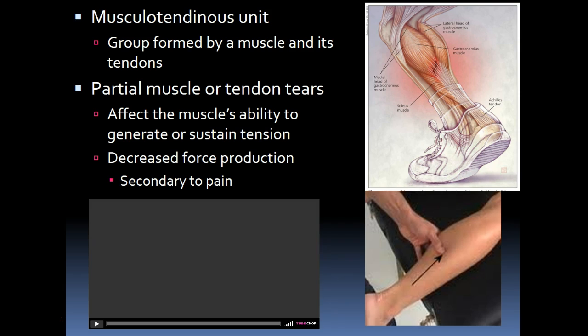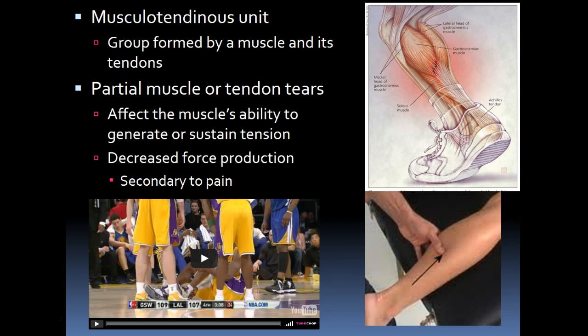So when we look at a musculotendinous unit, what we say is that it's a group formed by a muscle and its tendon. And the most common musculotendinous unit in the lower extremity would be this one here. We have the gastrocs, and then we have basically the Achilles tendon.